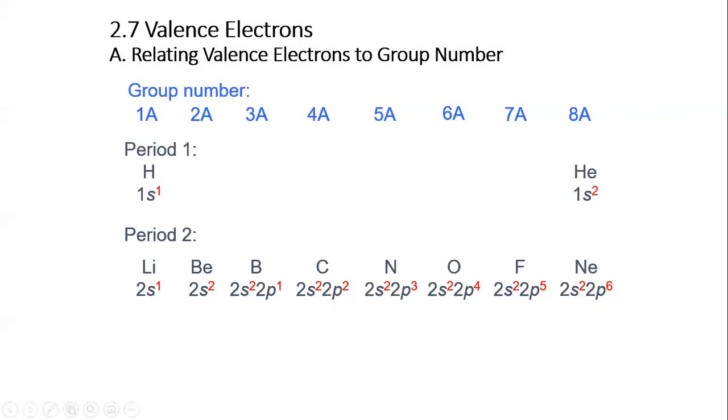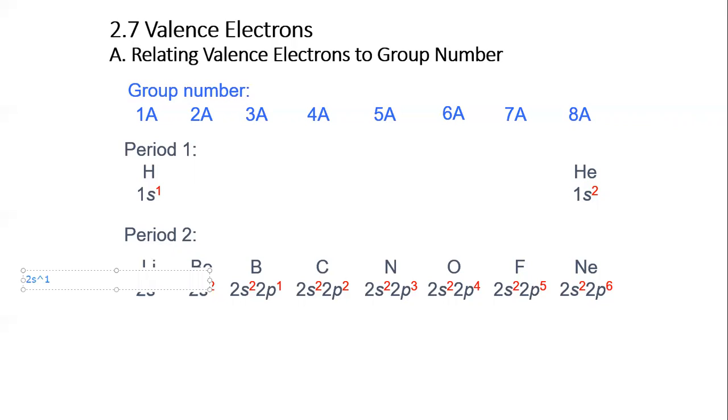Again, we're only going to be relating to main group elements. The transition metals, there are some that have exceptions, but we're not going to delve into those exceptions. You can write lithium as 2s1, or when I put the caret, that just represents a superscript. So it's the same, whether you put it like this, or you write lithium like this.